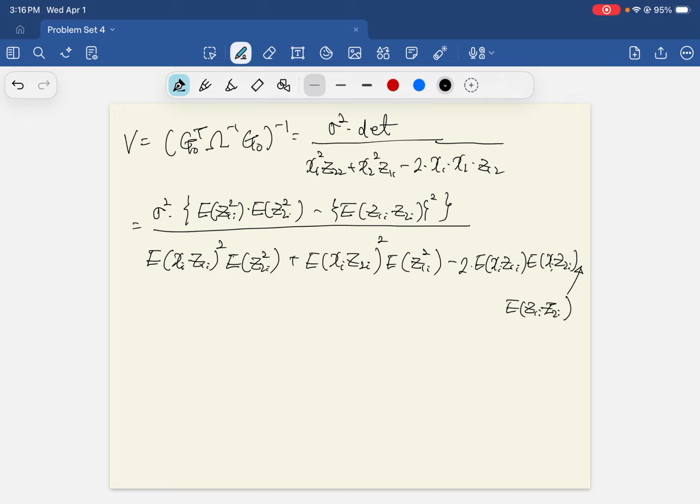Okay, so it's a very annoying, long variance. This is the variance.